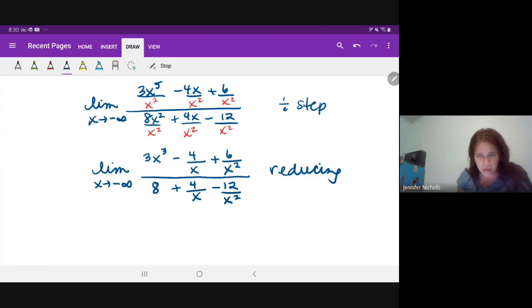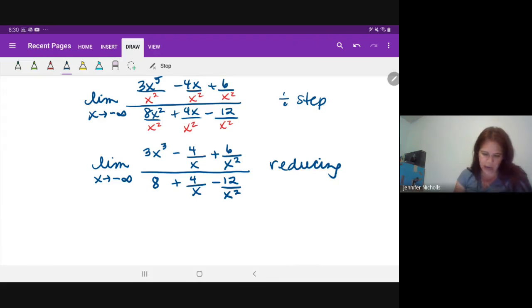Okay, so let's look at this. 4 over x, as x approaches infinity, goes to 0. 6 over x squared goes to 0. Because that's 6 donuts, a billion squared people. 12 donuts, a billion squared people.